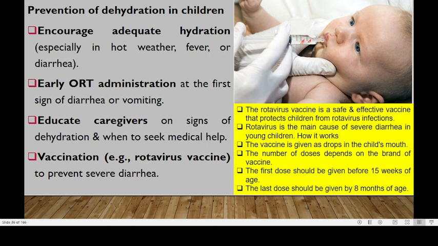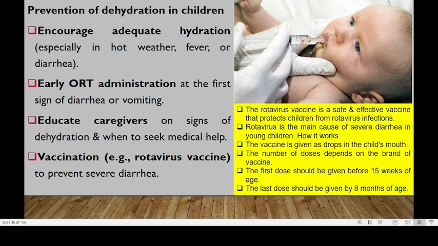You do early oral rehydration therapy at the first sign of dehydration or vomiting, and then educate caregivers on the signs of dehydration and when to seek help. You also need to ensure that the child has received the necessary vaccination, like rotavirus, to prevent severe dehydration.